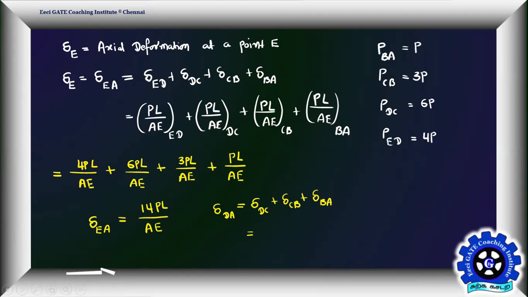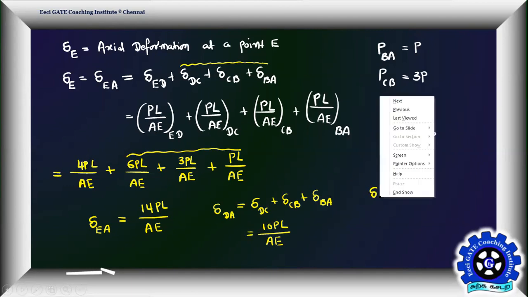These three terms you will get, correct? That means you need to add these three terms. We get 10PL by AE.